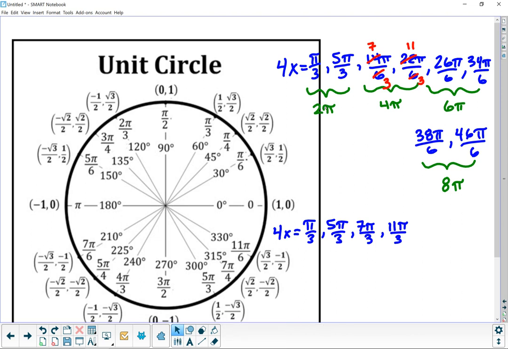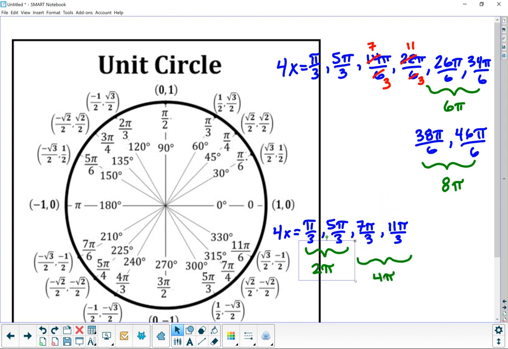And remember, these two were 2 pi. These two are 4 pi. Okay, 26 over 6, you can divide them both by 2, so 13, and 6 divided by 2 gets you 3. So 13 pi over 3.